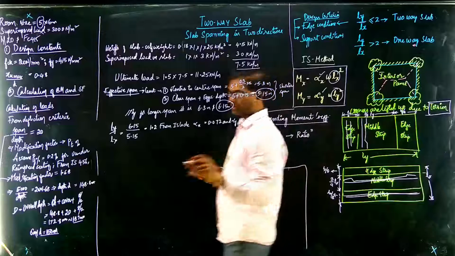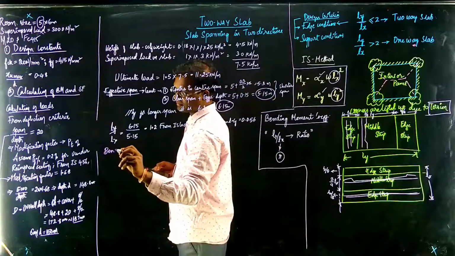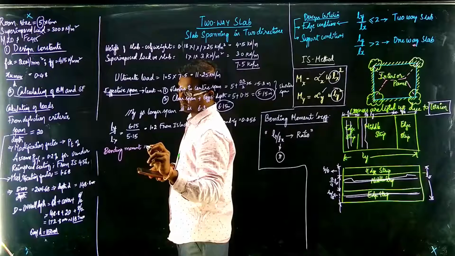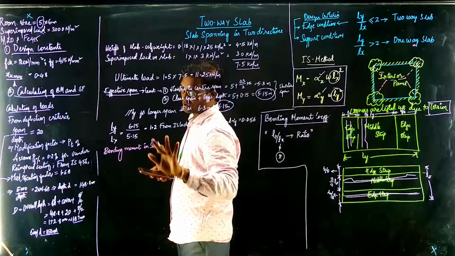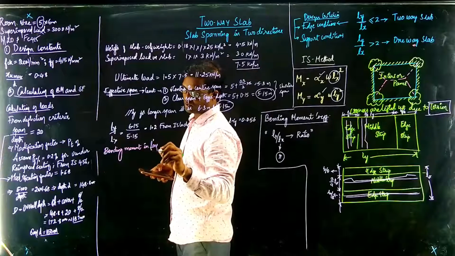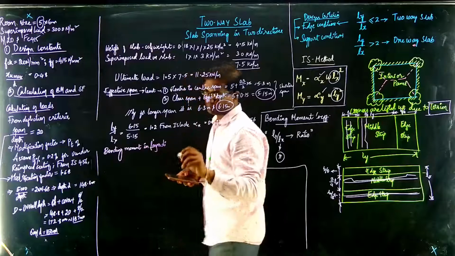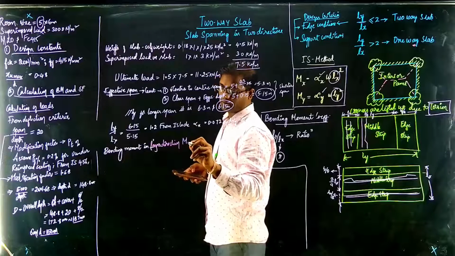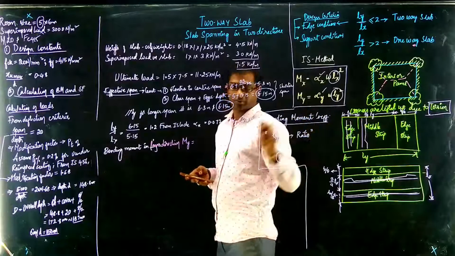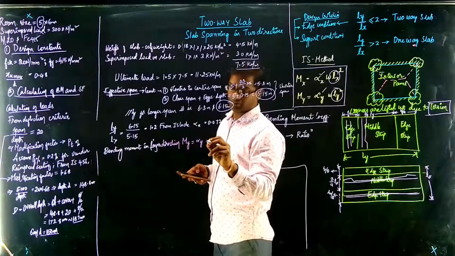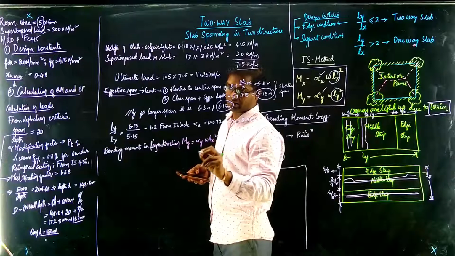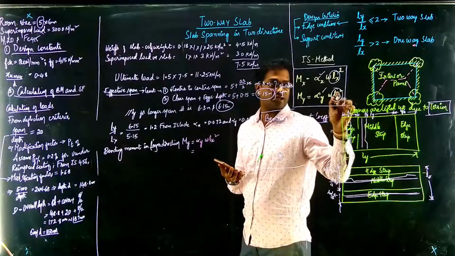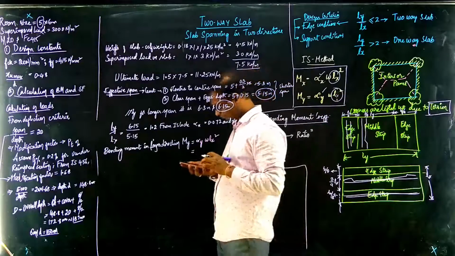Okay. So now you can calculate the bending moment. We calculate the longer direction first. That is, Mu y is given by alpha y W Lx square. In the code book, only Lx square is given, not Ly.